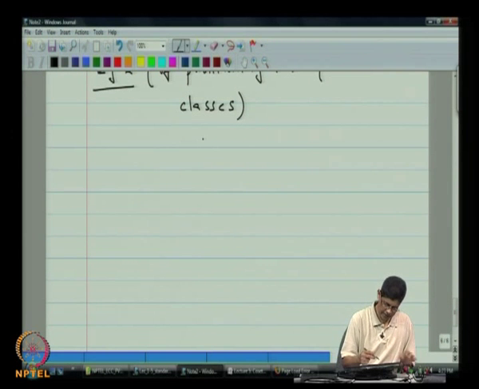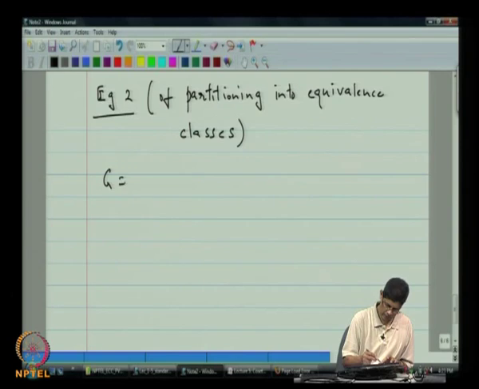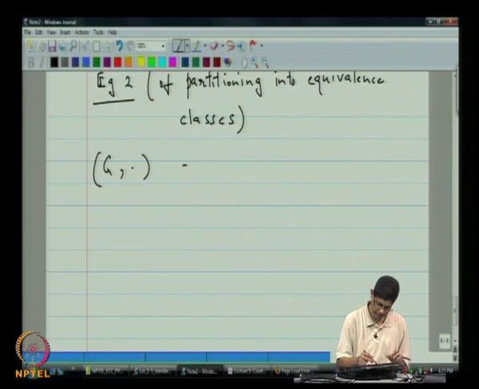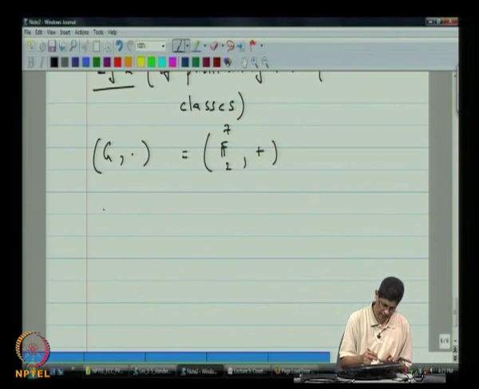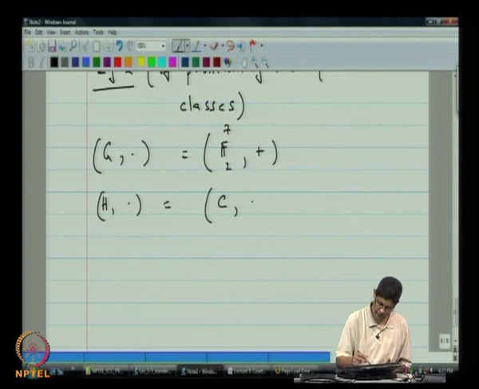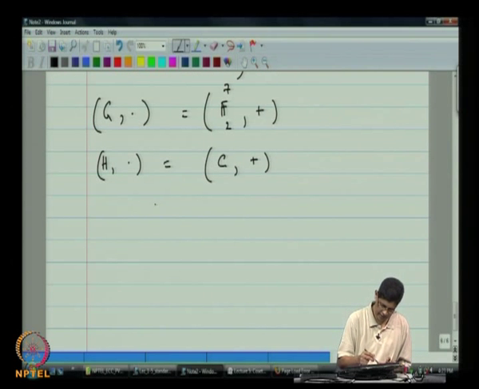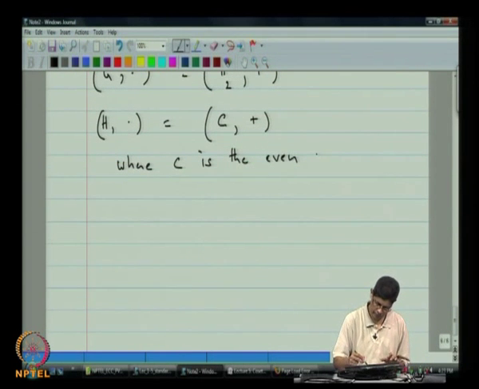So this time let us take G to be the set of all 7-tuples under modulo 2 addition, and let us take H to be a code C, where C is the even parity code.